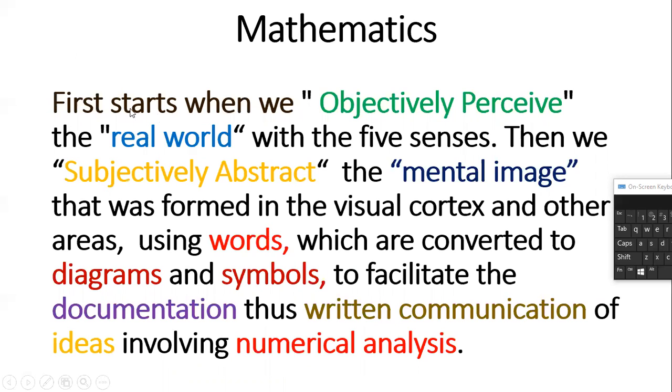And just to reiterate, first, you start with what you objectively perceive: what you see, hear, smell, taste, feel, using your 5 senses. Then you have an image in your mind, and words, because when you think, we think in words. And you may want to document, so you convert those words to diagrams and symbols to facilitate documentation and written communication of ideas involving numbers, involving computation, okay?